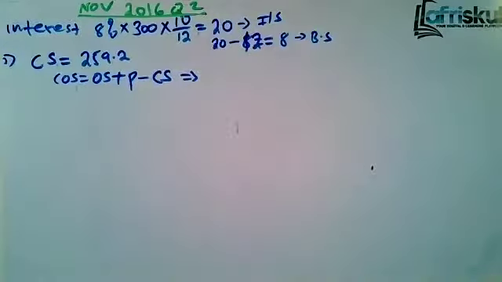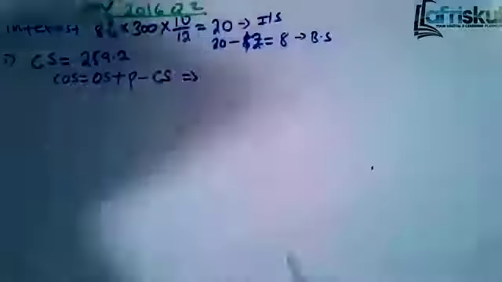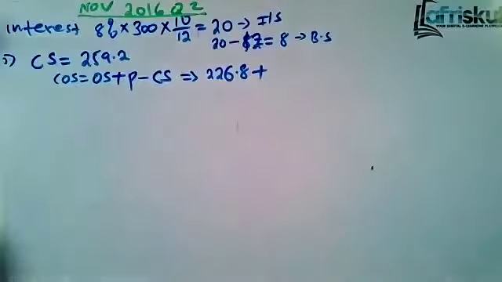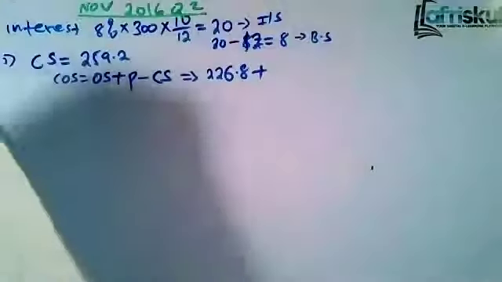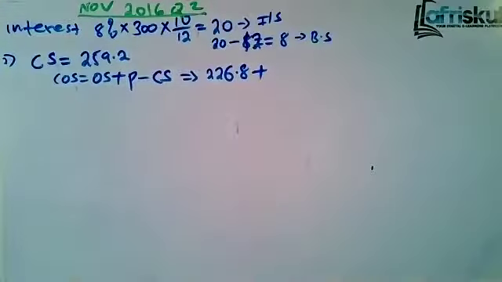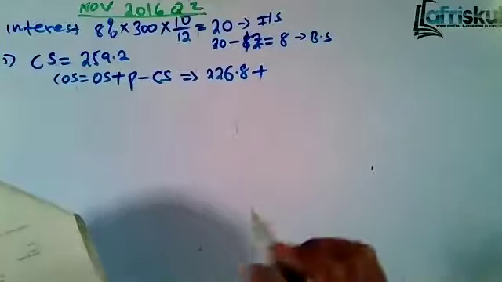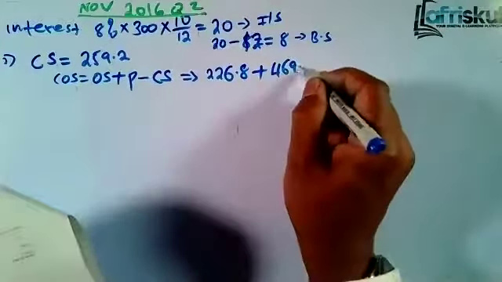Let's go back. The opening stock from the trial balance, inventory 1st November 2015, was 226.8. Then you add the purchases. You go back to your past paper. The amount of purchases was 469.2.